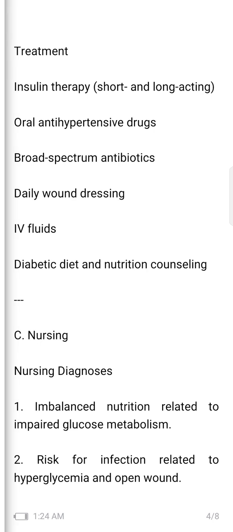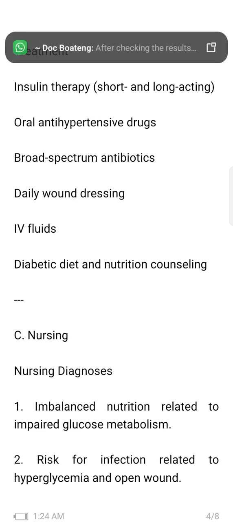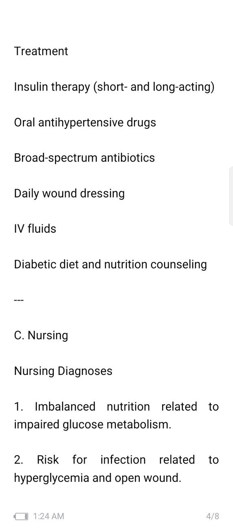So the next parameter we'll be talking about is the nursing. The nursing deals with the nursing diagnosis and the nursing management.